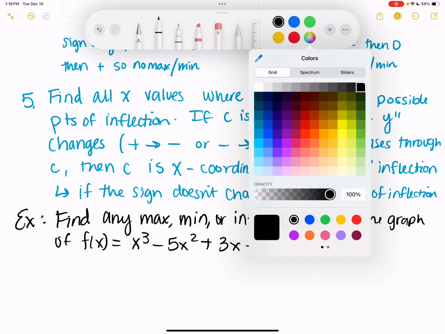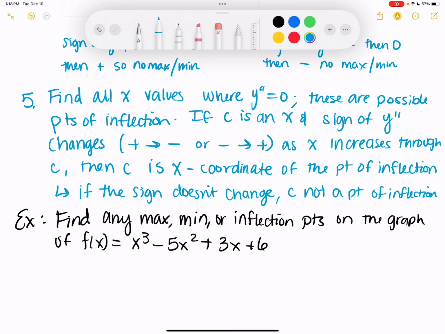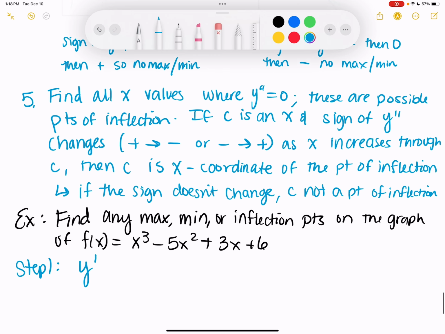So, step 1, we find y prime and y double prime.